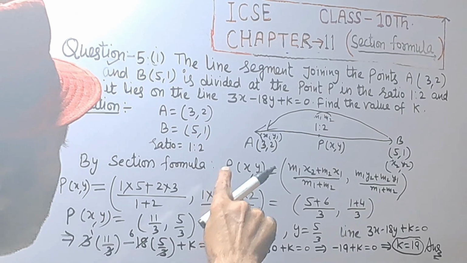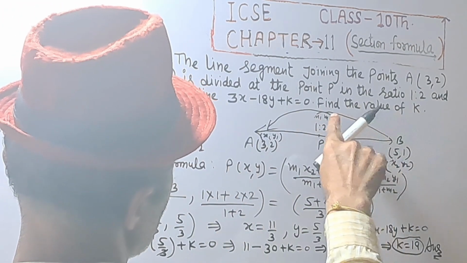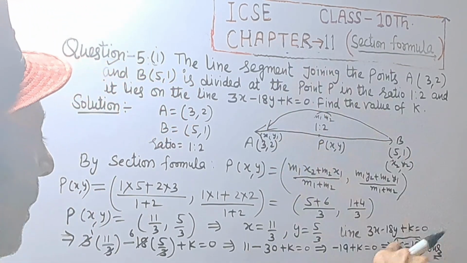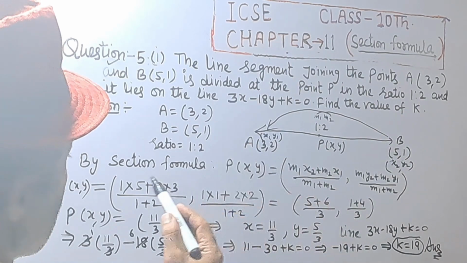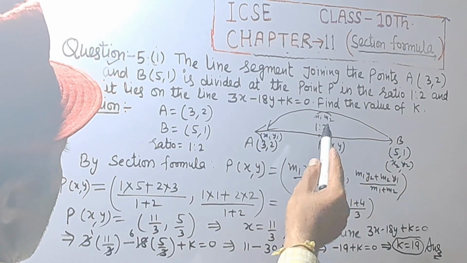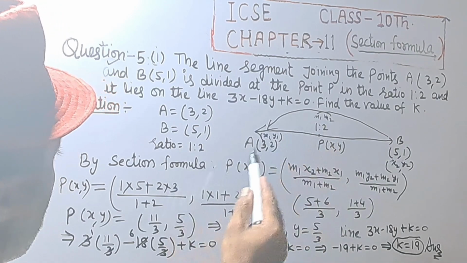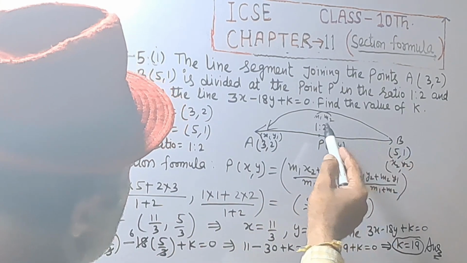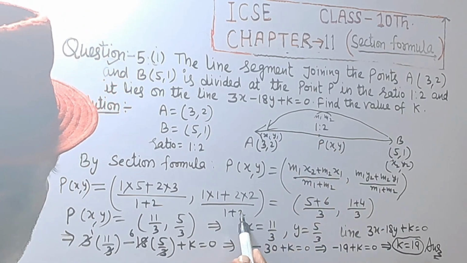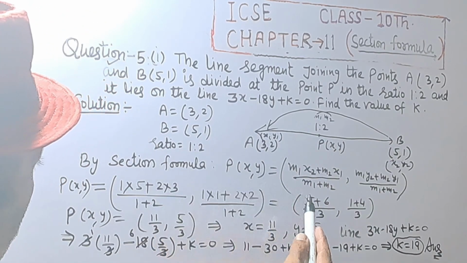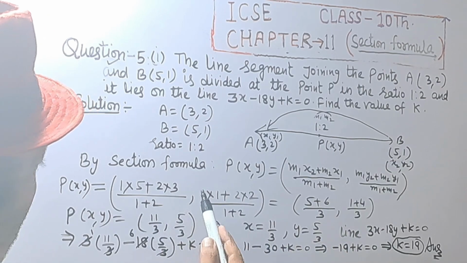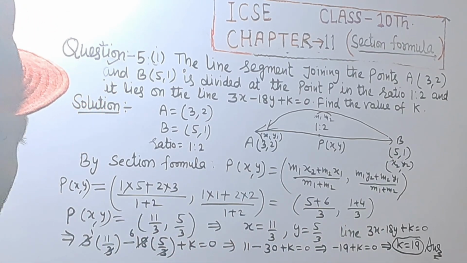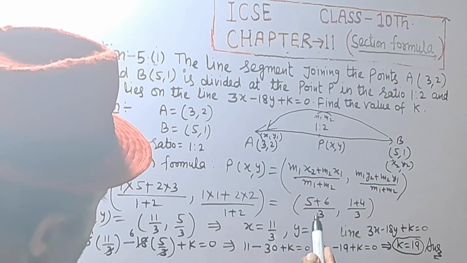So by section formula, P(x, y) is equal to (m1 x2 plus m2 x1) upon (m1 plus m2), (m1 y2 plus m2 y1) upon (m1 plus m2). m1 is 1 multiplied by 5 plus m2 is 2 multiplied by 3, divided by 1 plus 2. 5 ones are 5 plus 3 2s are 6, 5 plus 6 is equal to 11 upon 3, and 1 ones are 1 plus 2 2s are 4, 4 plus 1 is 5 upon 3.